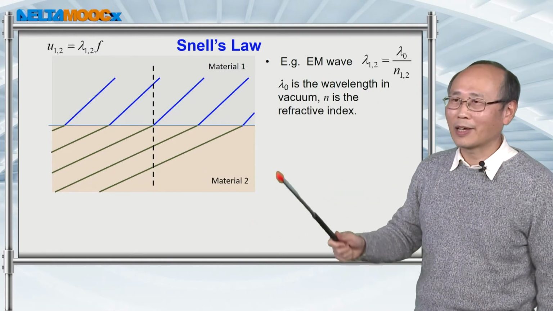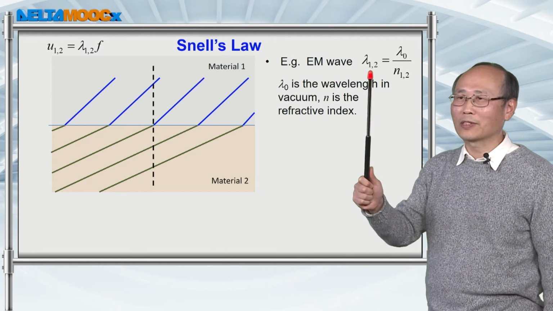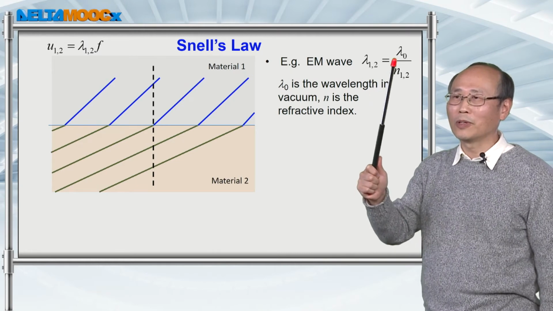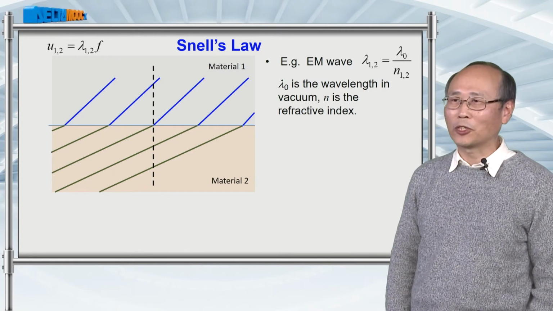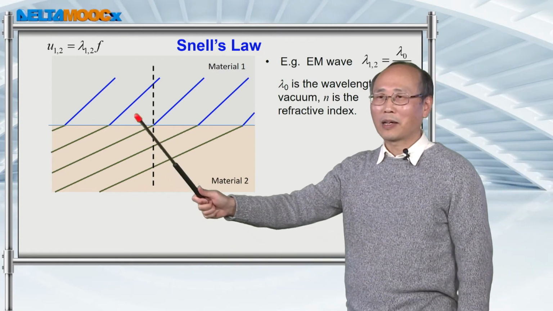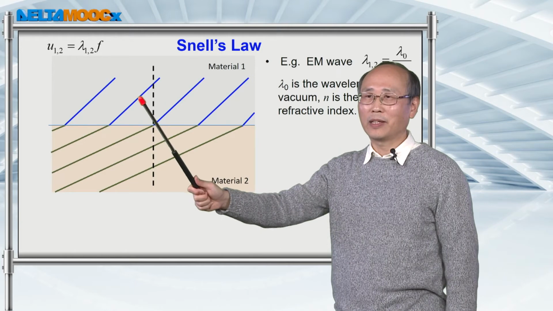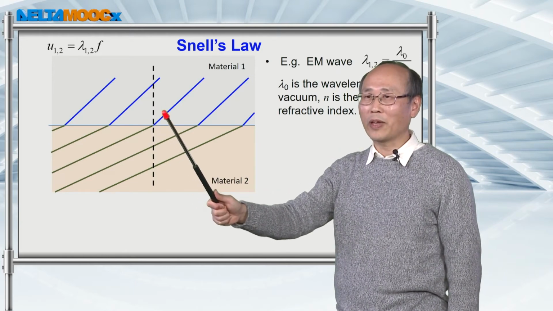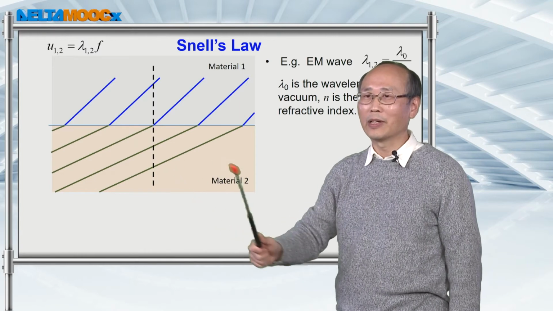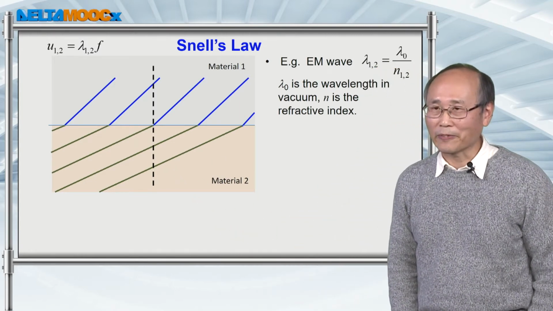In optics, we like to describe the wavelength as equal to the vacuum wavelength divided by the refractive index of the material. But the wave propagating in material 1 is a wave. When this wave propagates into the second material, it is still a wave.